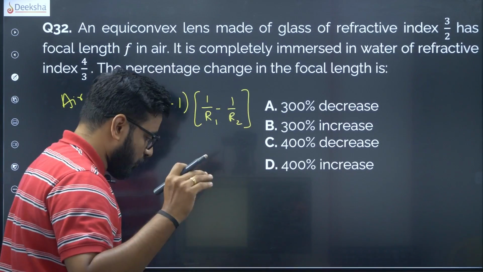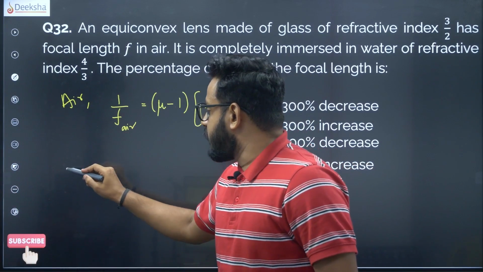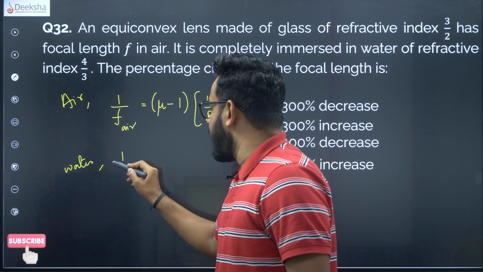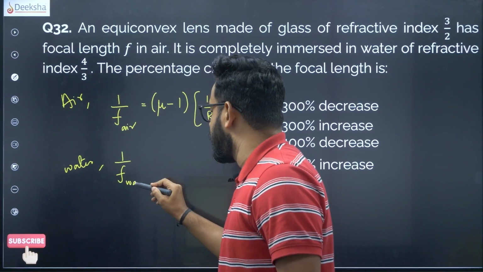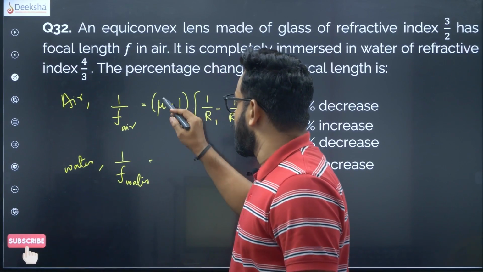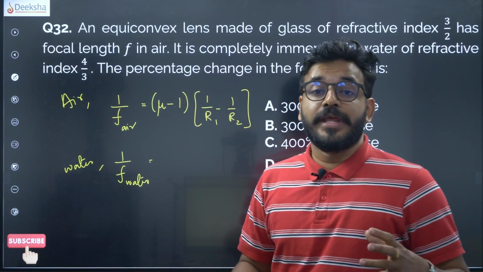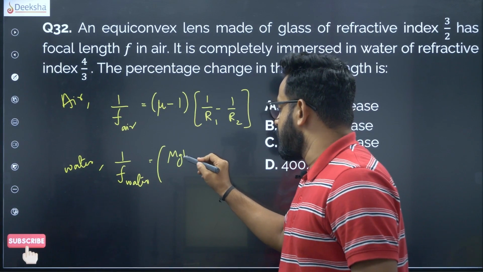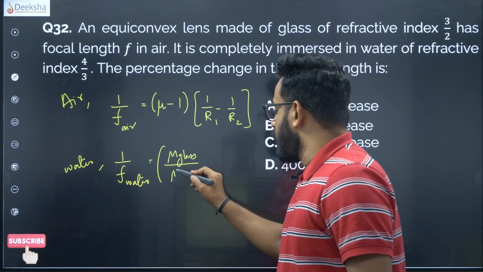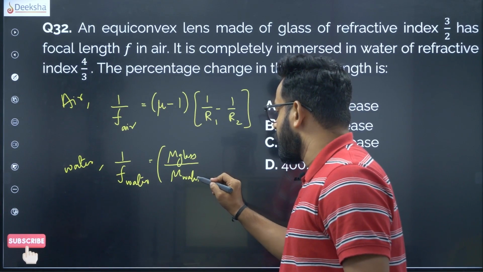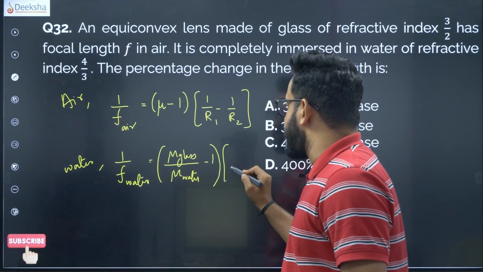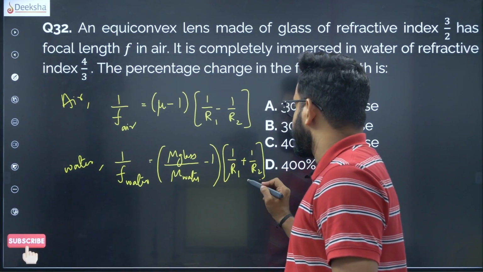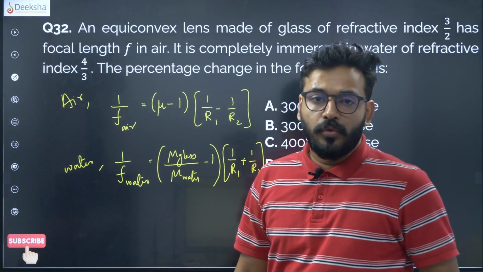Now when I write it in water, you do not take the absolute refractive index, rather you take the relative refractive index, which is mu of glass divided by mu of water, minus 1, into the same thing, 1 by r1 minus 1 by r2. The obvious thing to do here is take the ratio.